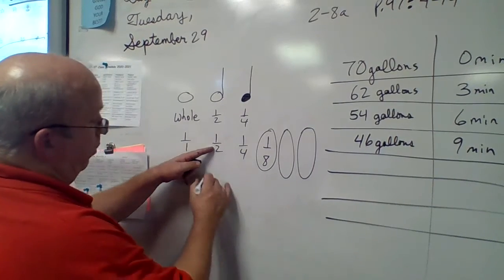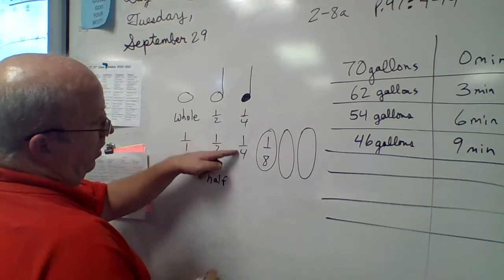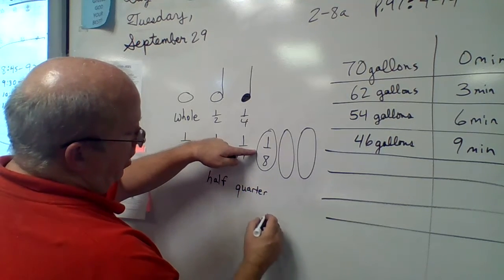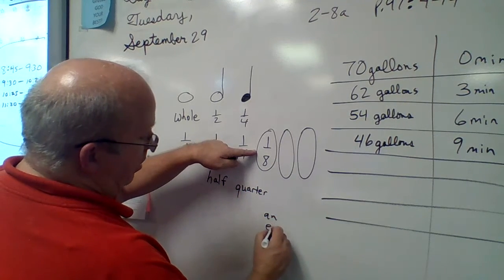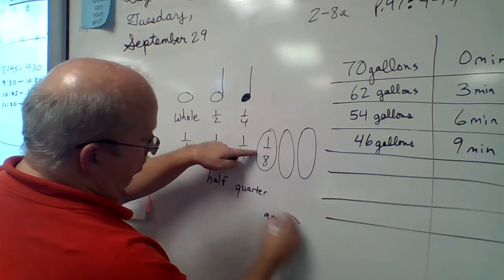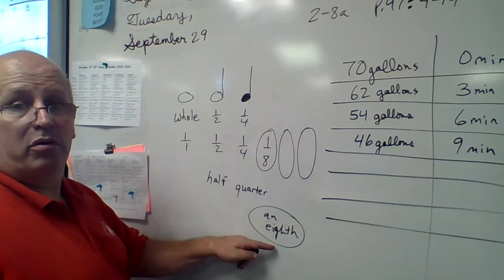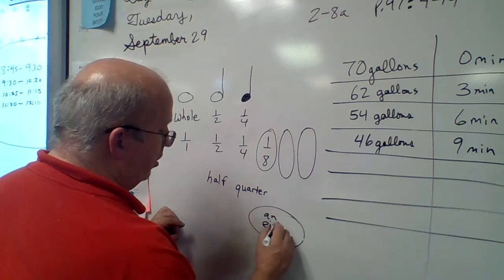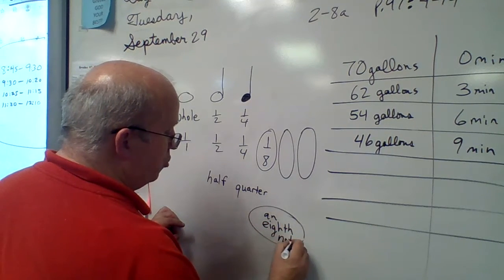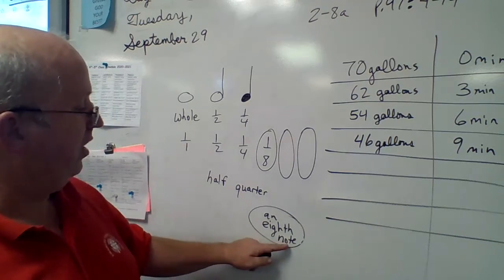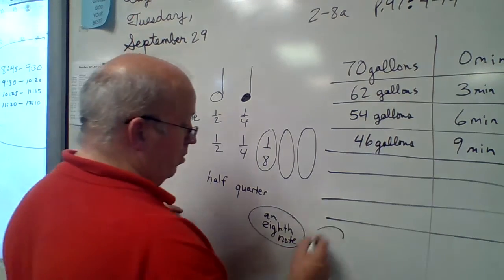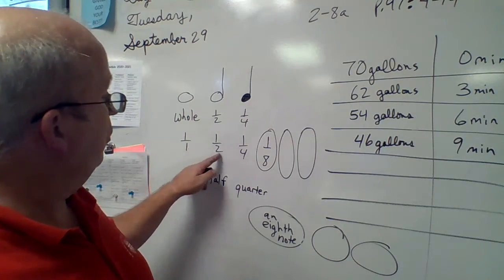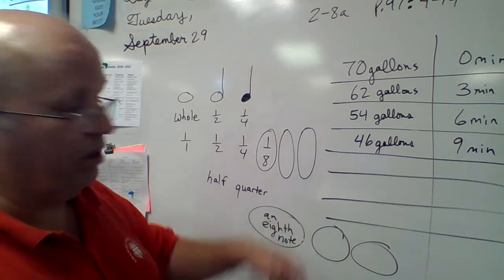Well, we write this, half, and we write this, quarter, and this is an 8th, right? So that's one of your answers, an 8th note. E-I-G-H-T-H note. What would be the next note after that? Well, you need 2 more answers, continuing this pattern. 1, 2, 4, 8. Continue the pattern.